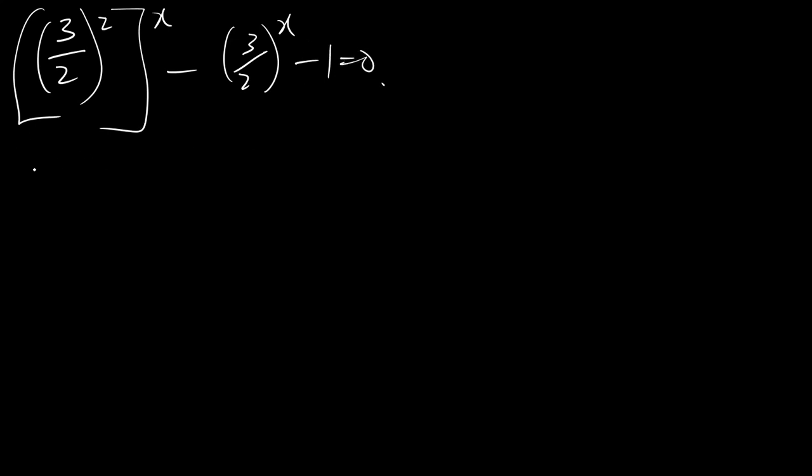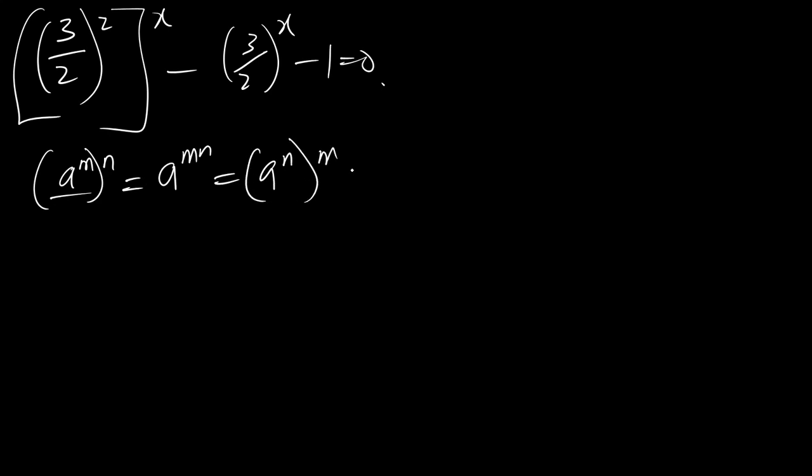Now, according to the law of indices, if you have a to the power m all to the power n, this is the same thing as saying a to the power mn, and it's also the same thing, interchangeably, as a to the power n all to the power m. So let's apply that here.